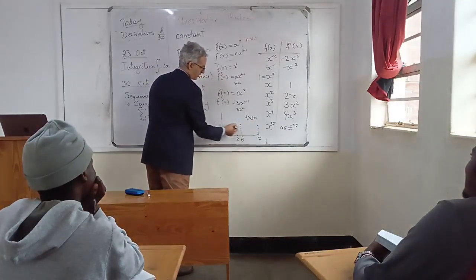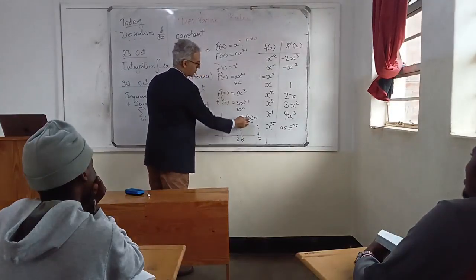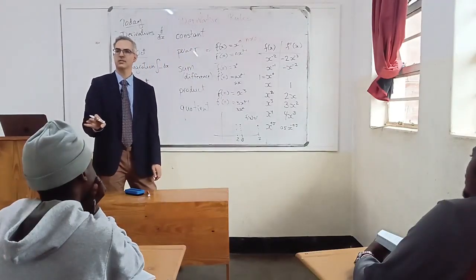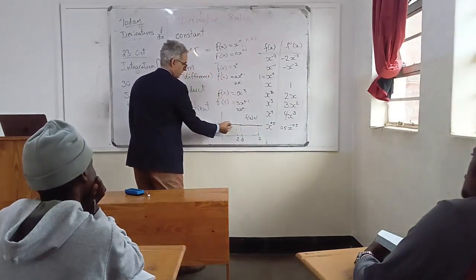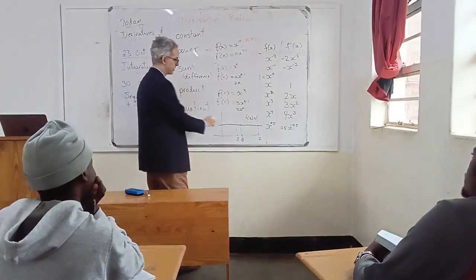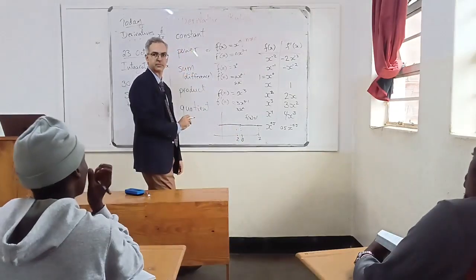Now all these points, I hope you see the pattern, no matter what x you choose, any x you want, the answer will be 1. So you end up with a straight line, a flat line. This says no matter what x you choose, the answer will be 1.